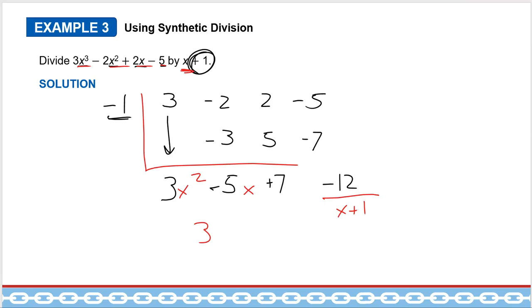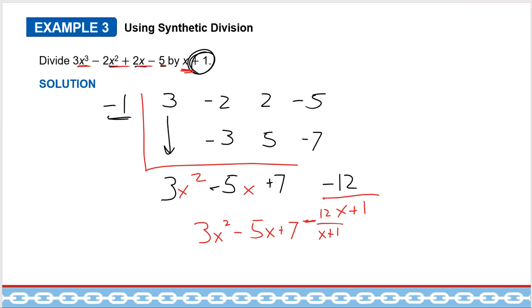So I get 3x squared minus 5x plus 7 minus 12 over x plus 1. Right? The subtraction is here. Okay, so that is synthetic division.